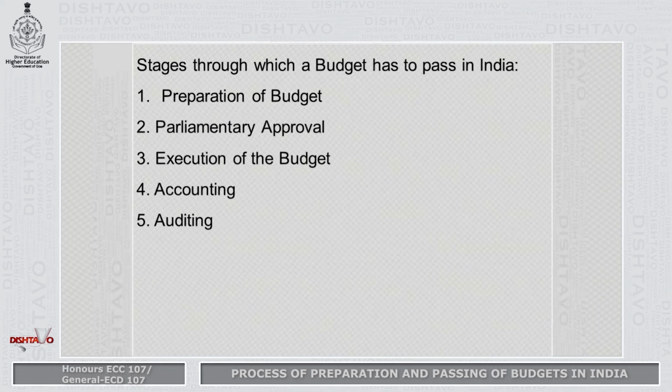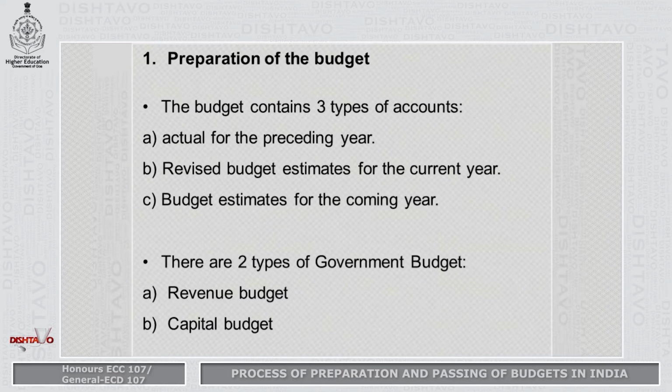There are different stages through which a budget has to pass in India. Altogether, there are five stages: preparation of budget, parliamentary approval, execution of budget, accounting and auditing. In detail, we will study preparation of budget first. The budget consists of three types of accounts.